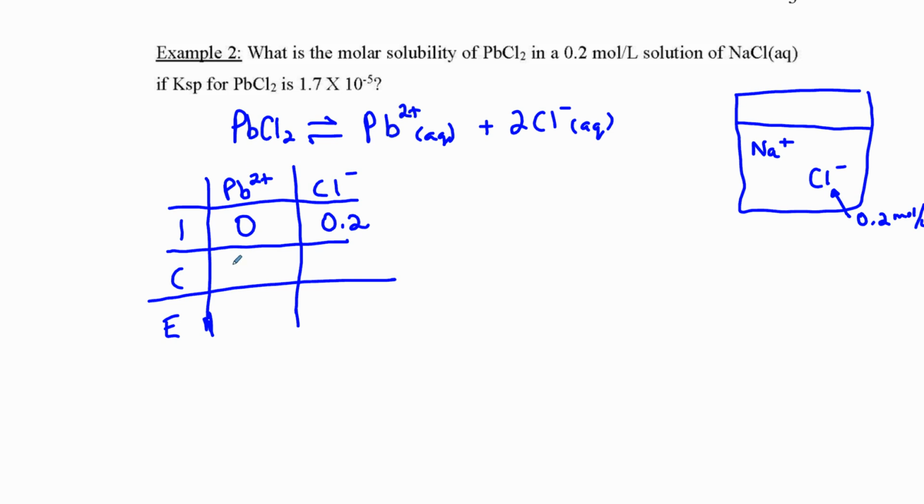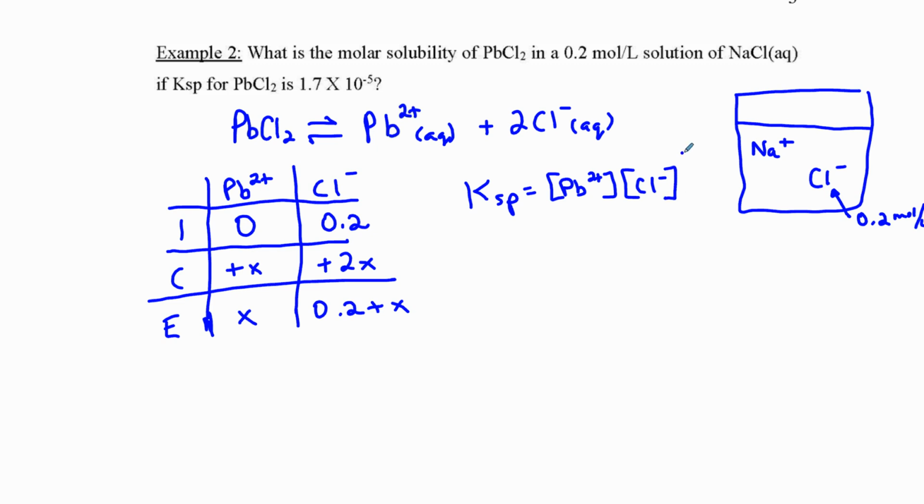Okay, so the change is going to be plus X, and for chloride, because there's 2, it would actually be plus 2X. So this one becomes X, and this becomes 0.2 plus X. So when I write the KSP, I've got lead times the concentration of chloride, and the chloride would have to be squared.